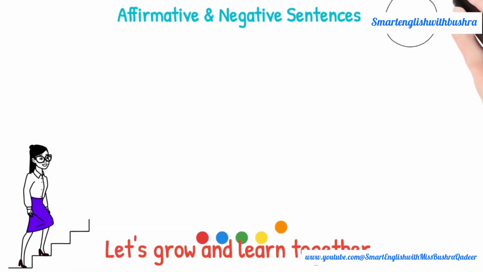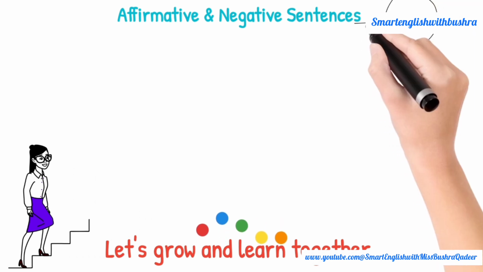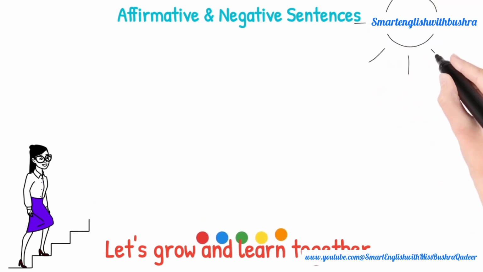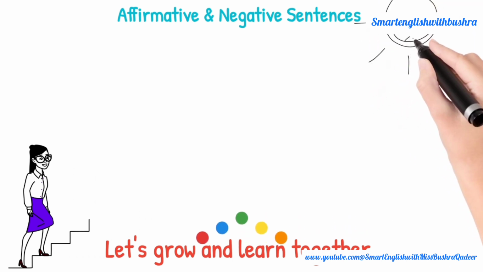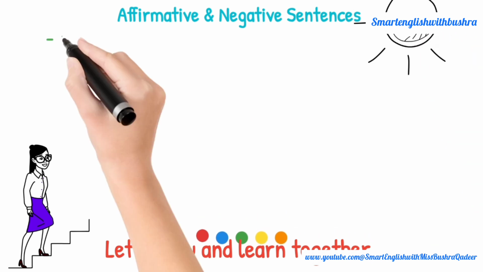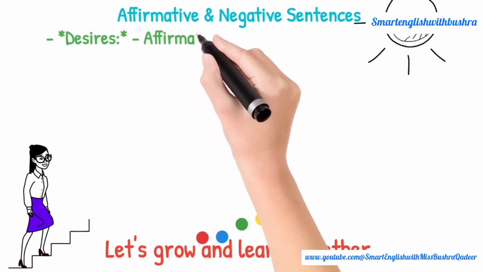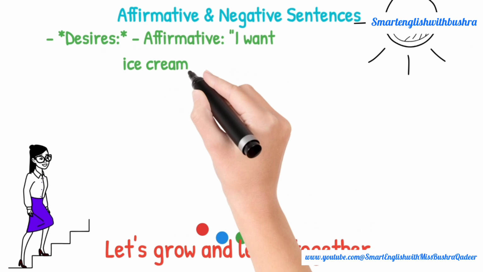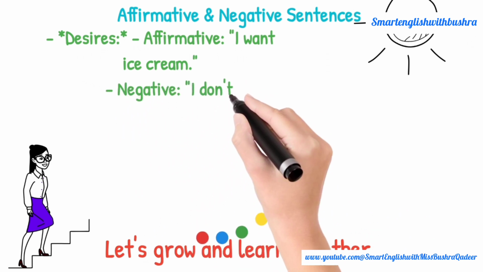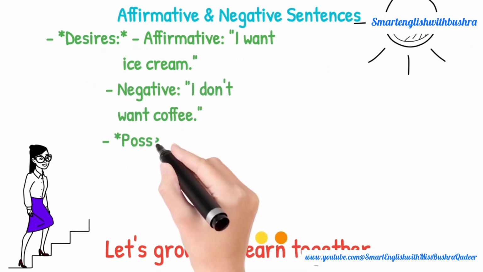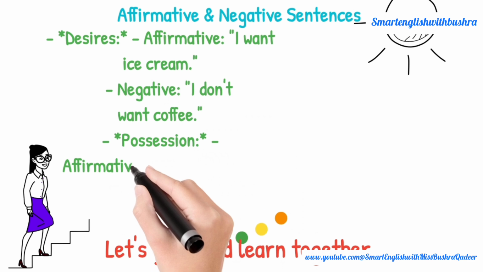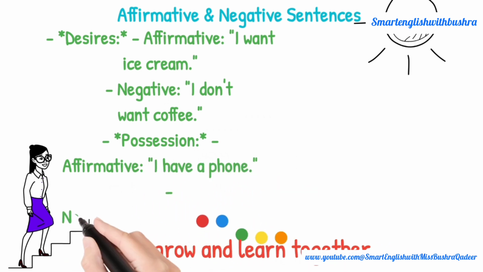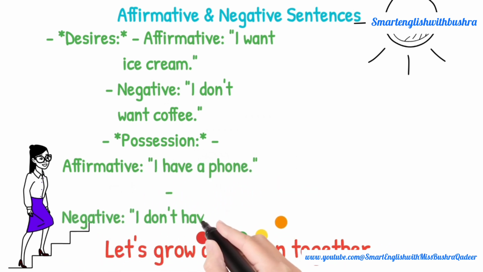I want to study, I want to speak like Miss Bushra. I want to speak more, better than her. I want to do this and that. That is your desire. And the third one is compulsion, the obligation, the duties, the responsibilities that you have. I have to study, I have to go there in order to achieve that.